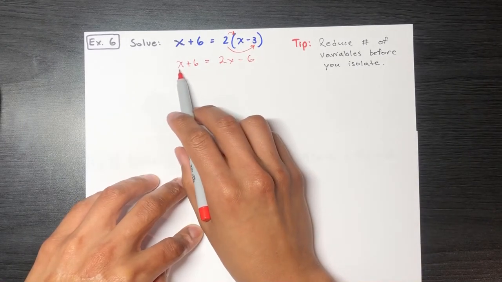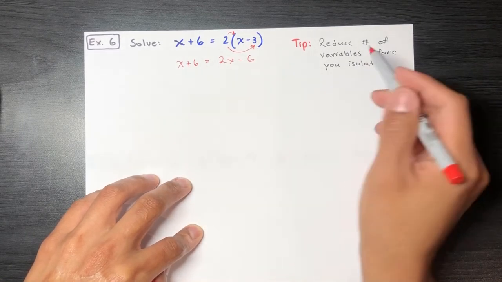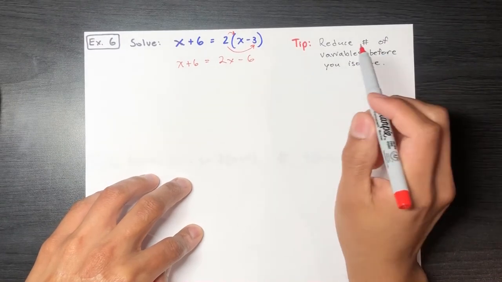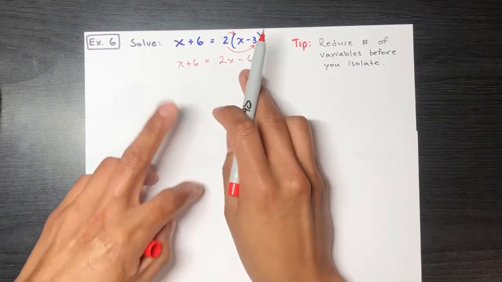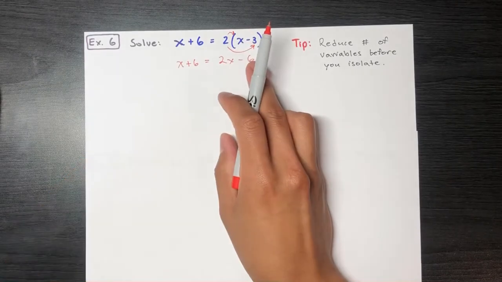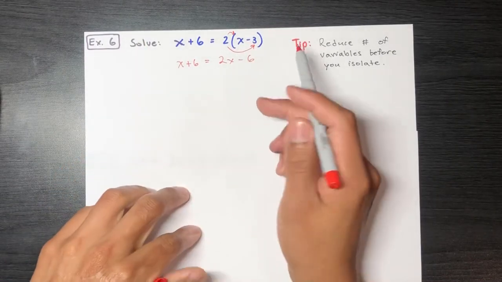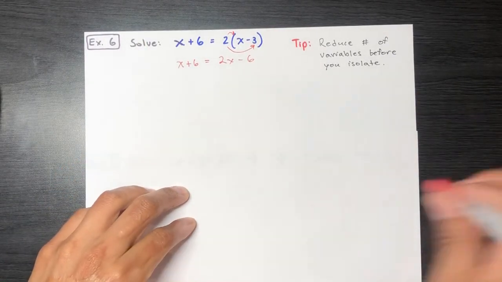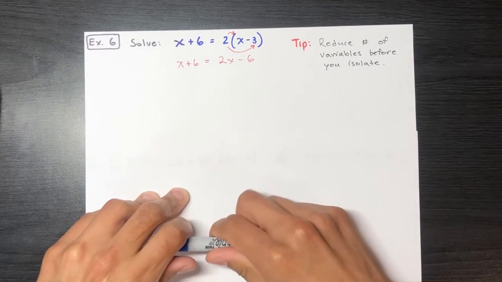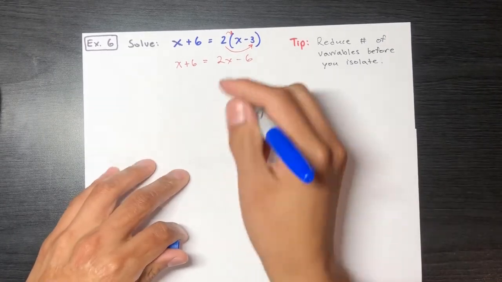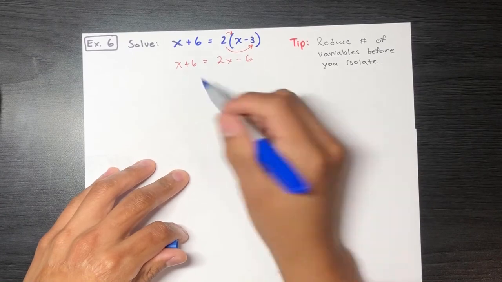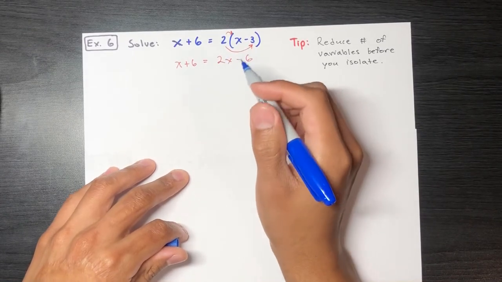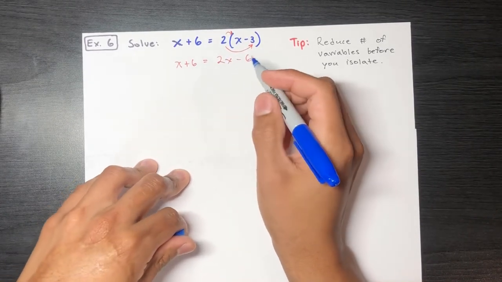Now, here we have a variable over here and a variable over here. Reduce the number of variables. What does that mean? Instead of having 2 variables, one on each side, let's just try to get one variable, okay? One variable by itself. The best way to do that would be to move the variable from one side to the other. I like to keep the value of the variable positive as much as possible.